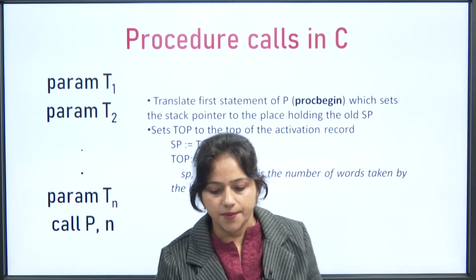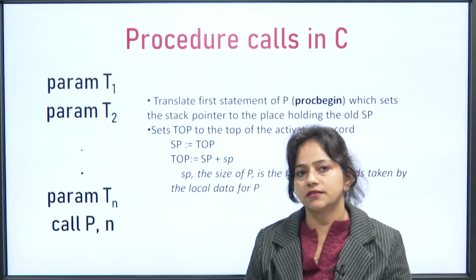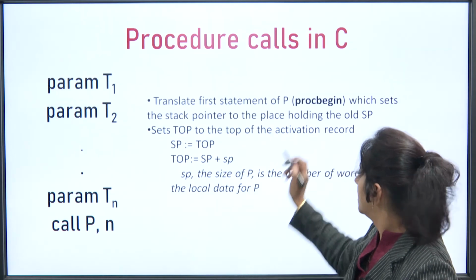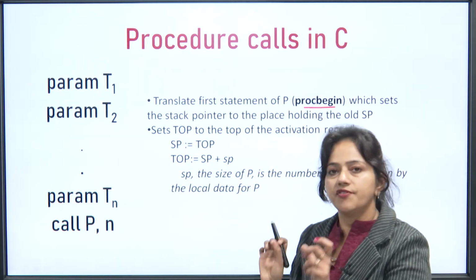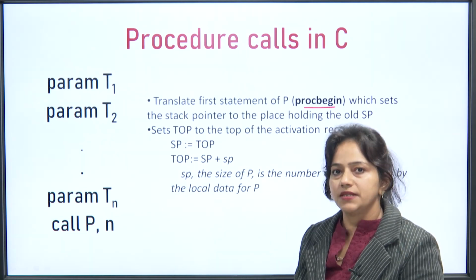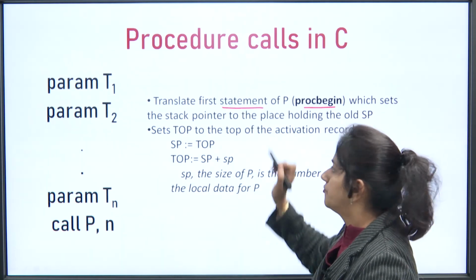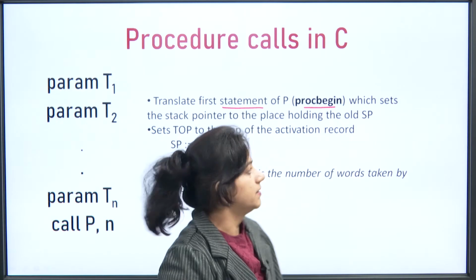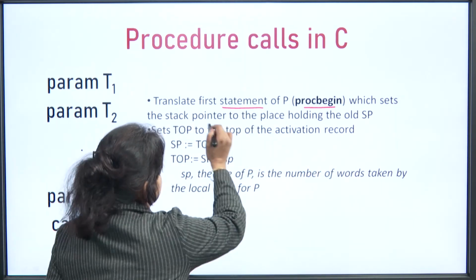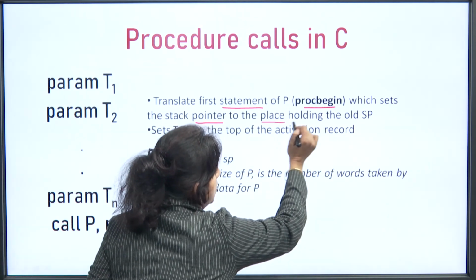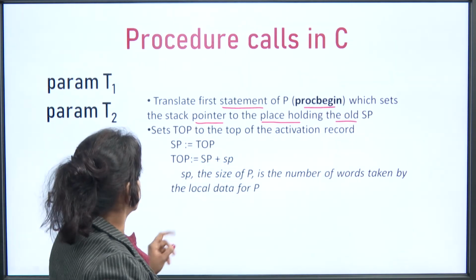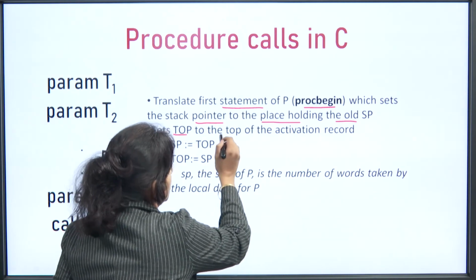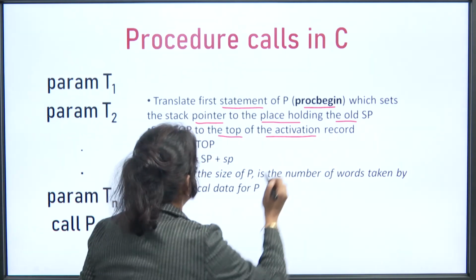Next, in the program when we write a procedure, every procedure will begin with the procedure begin syntax. This is the first statement for every procedure, so we need to translate it also. It sets the stack pointer to the place holding the old pointer, and sets top to the top of the activation record.